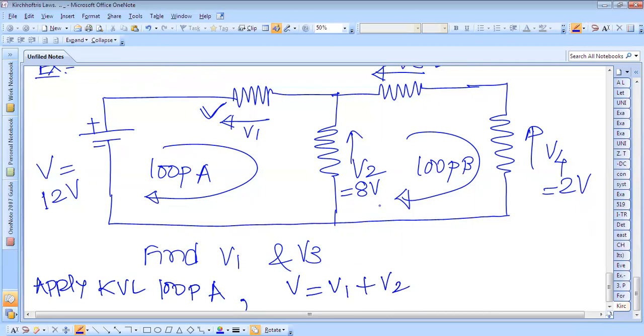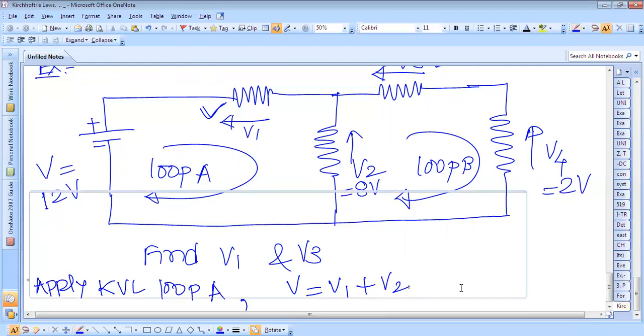As the direction of the current is opposite to this, we consider that there is actually a fall in potential in going in the direction of the current. So V is equal to V1 plus V2.